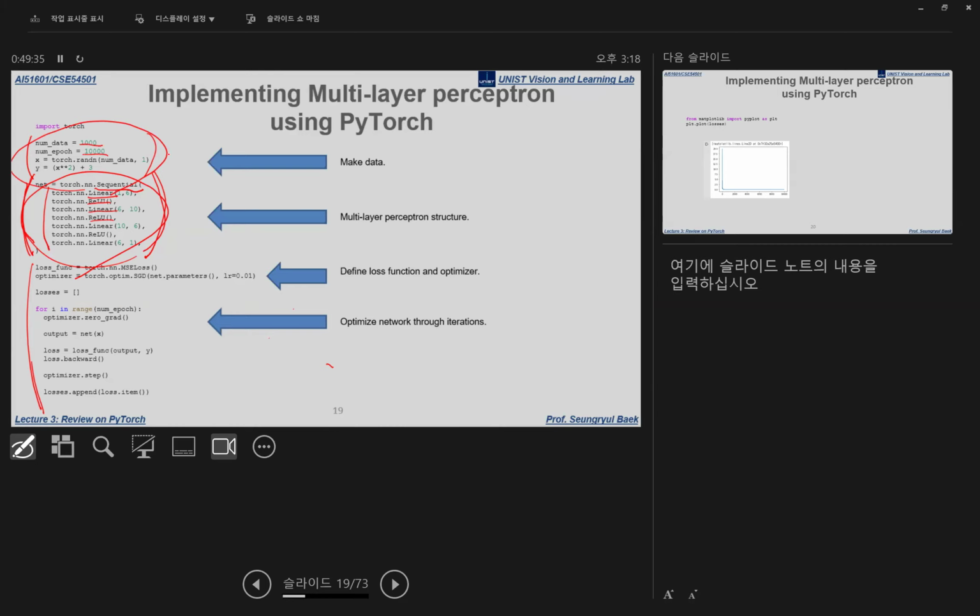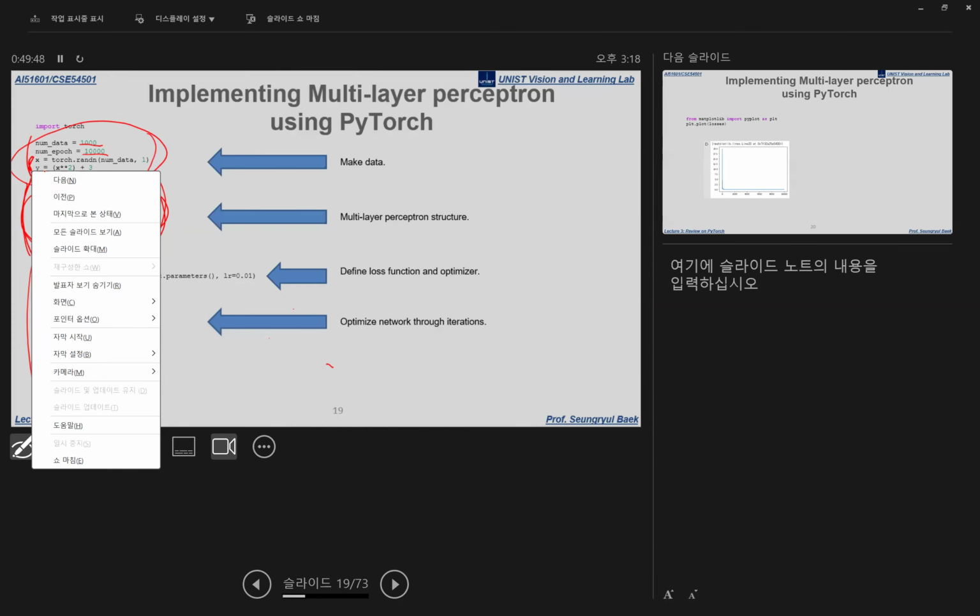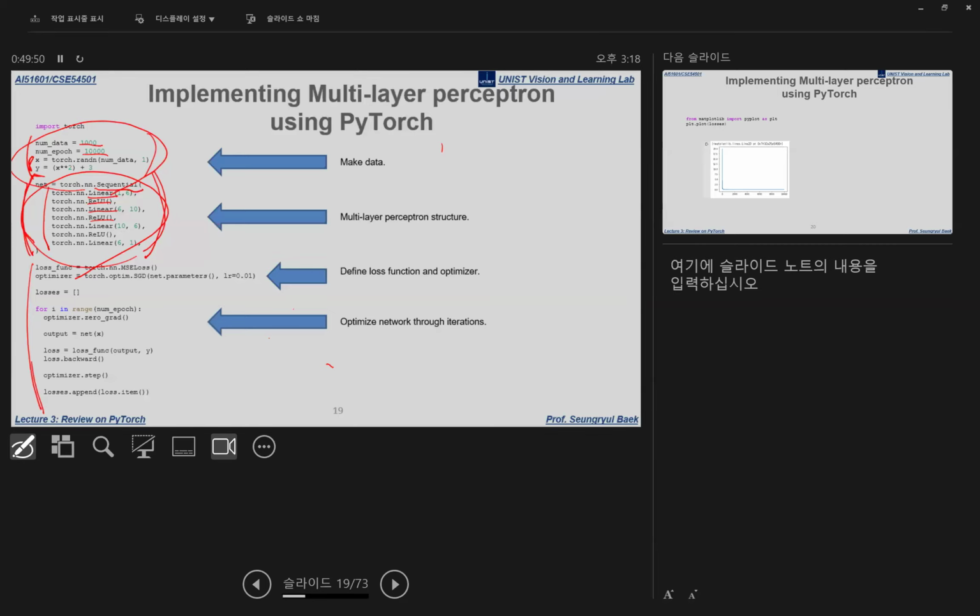And this is the epoch, which is the iteration number for the training. And this is the data generation part. For the X, we will generate 1,000 random variables. And for the Y, we will generate the output ground truth by using this formula.